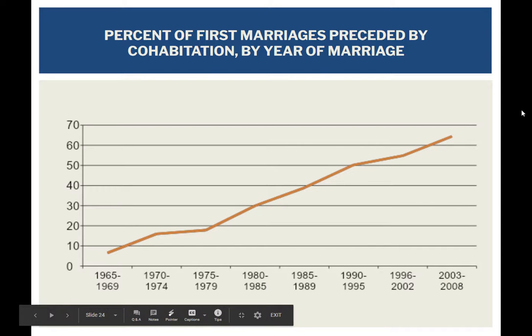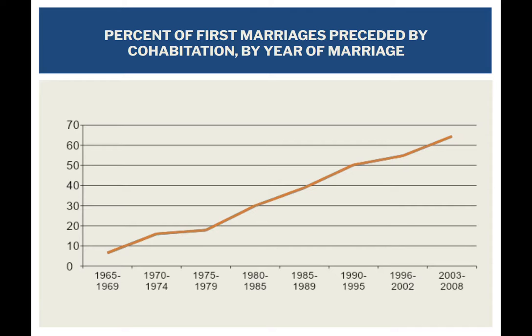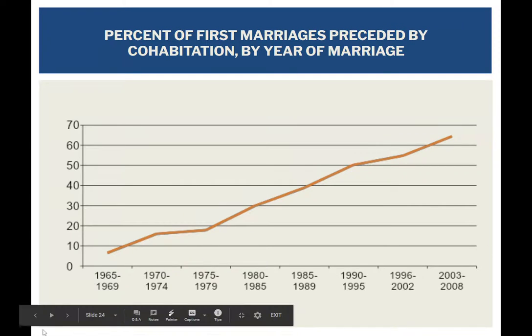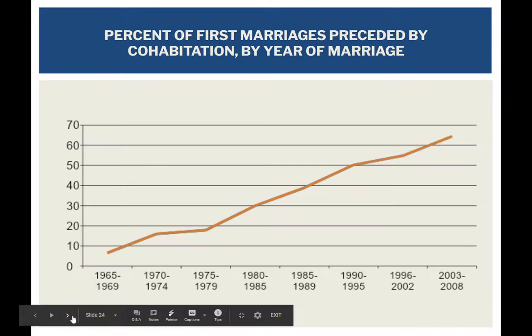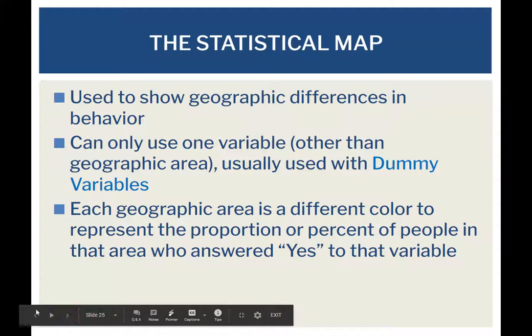A very sharp increase over time, which makes sense with what we know about our society and the loosening of the expectations and strict rules about cohabitation before marriage. So these types of graphs give us the ability to look at how something has changed over time, which is why we call them time series charts. We're looking at how the series of time has changed this variable.